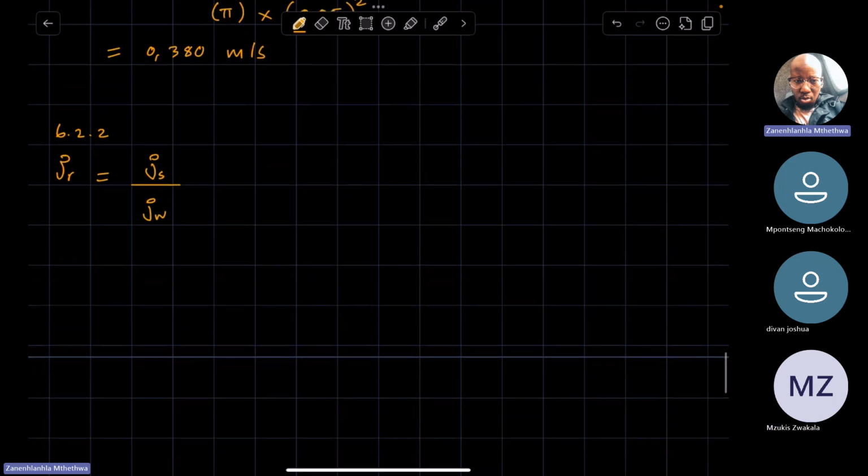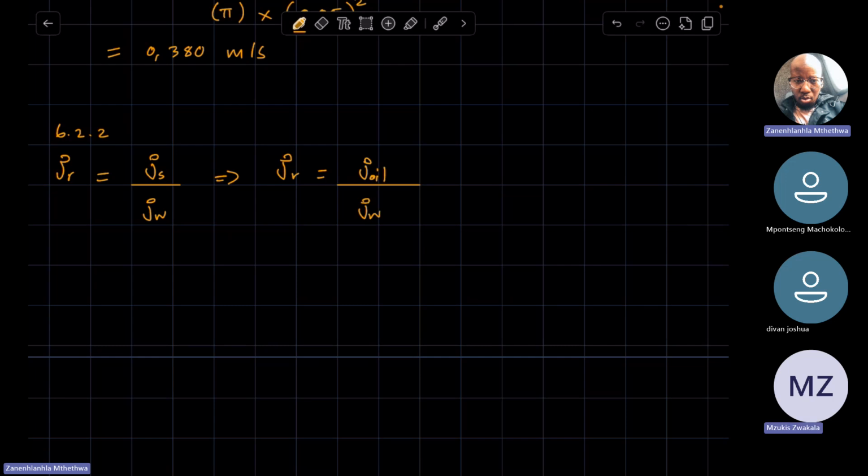So that is the same as saying relative density is equal to the density of oil divided by the density of water.